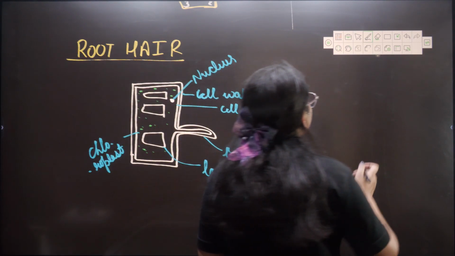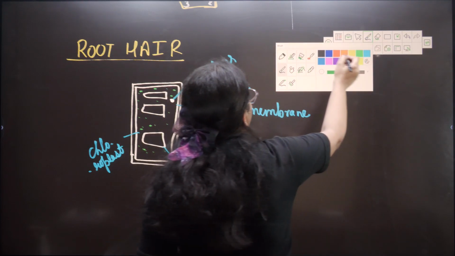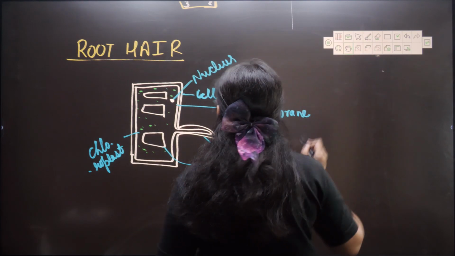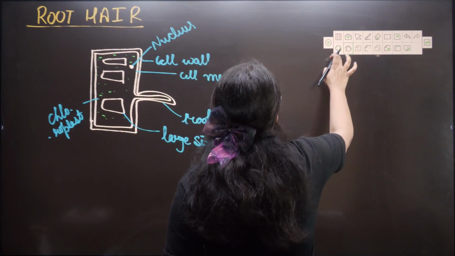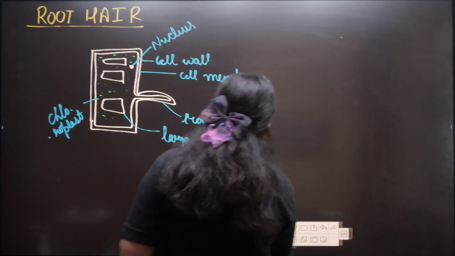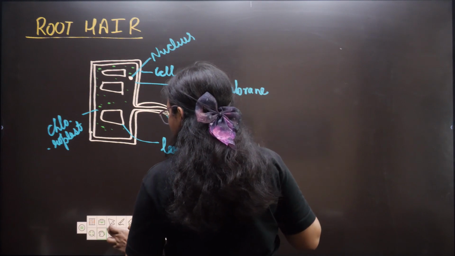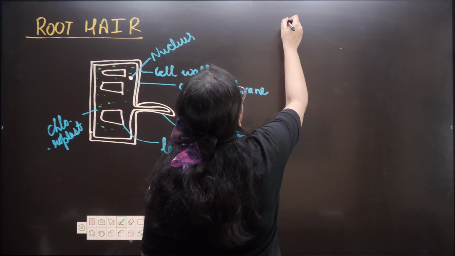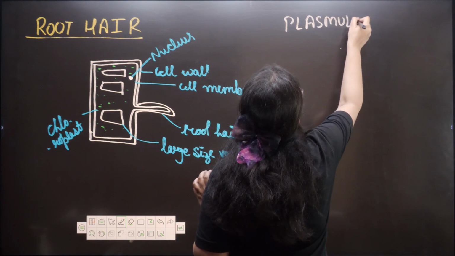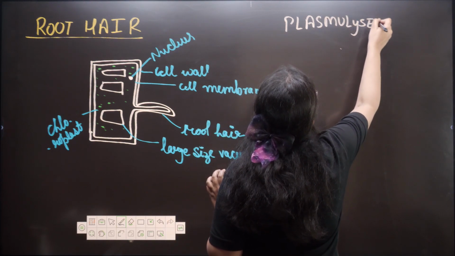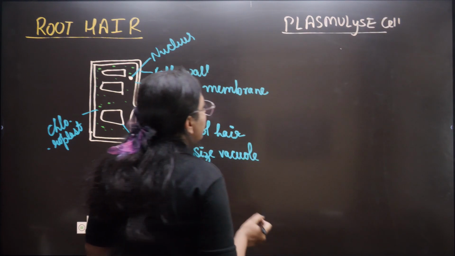But one more stage has also been asked many times, and that is, if you have to show the plasmolized cell, plasmolized root hair, then how will you draw it? So let's draw the plasmolized one. If there is a plasmolized cell, then how will it be drawn?